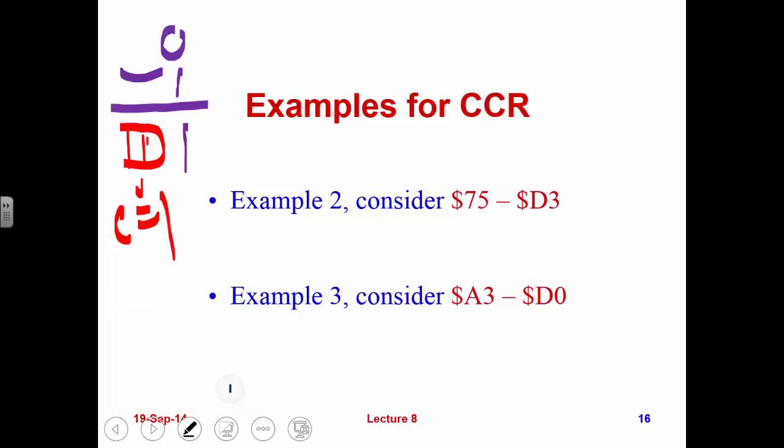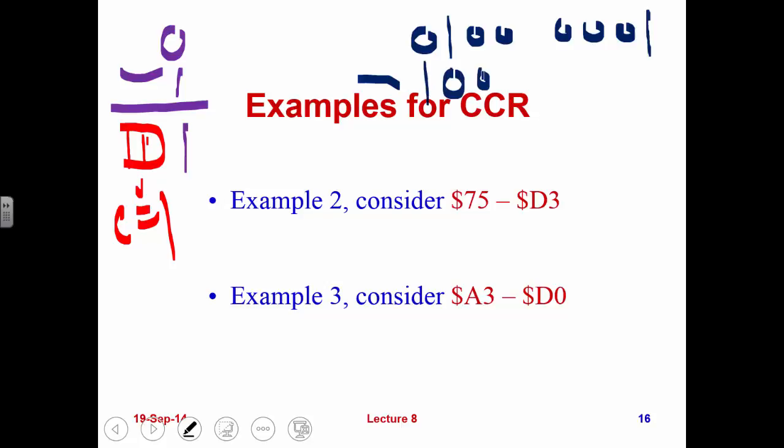Let me show you. Assume now we have something like this: 0, 1, 0, 0, 0, 0, 0, 1. Let's do it this way. If you subtract this number from, assume now we have the number 1, 0, 0, 1, 0, 0, 1, 1.